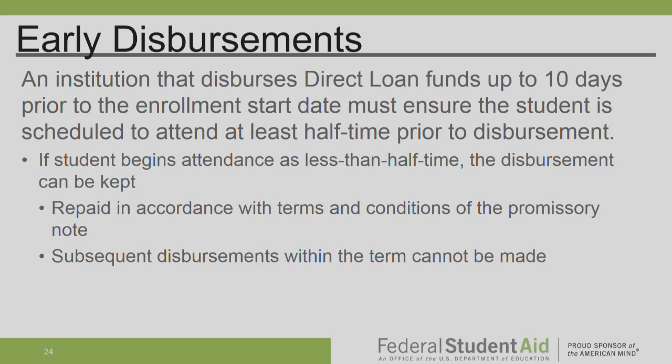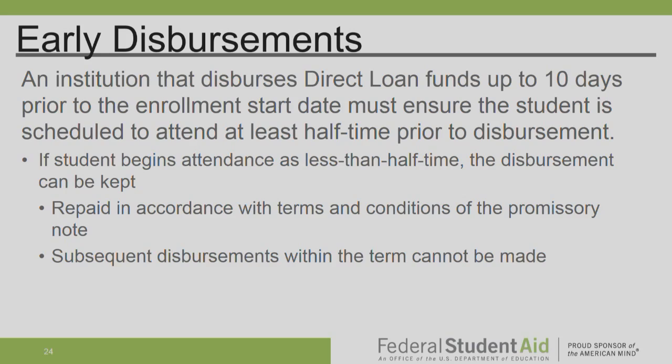Now, the key here is, remember, I'm not looking for a 10, I'm looking for what the student is enrolled in, okay? So if I'm going to do an early disbursement, let's say I have a student who is enrolled half-time, and that's okay. We go ahead and we make the disbursement for half-time. We make the disbursement because it's an early disbursement before they begin attendance.